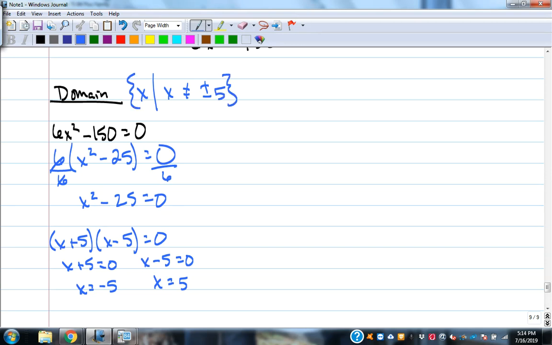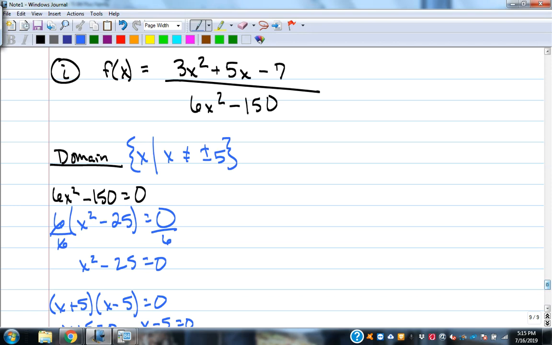I used factoring there because I'm going to need it to simplify if I need to. If they just ask you for the domain of the problem, you can use whatever method you want. If you wanted to use square roots or the quadratic formula, you could as well. But I used factoring because I'm going to try to simplify, since I'm doing everything on this problem. So I know the bottom part is 6 parentheses x plus 5, x minus 5.